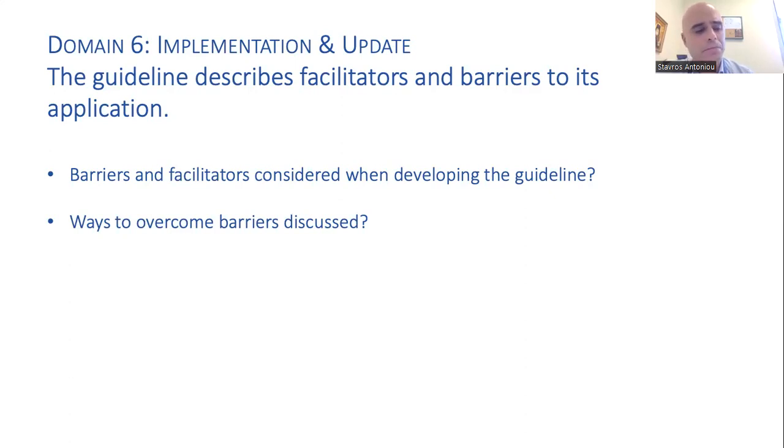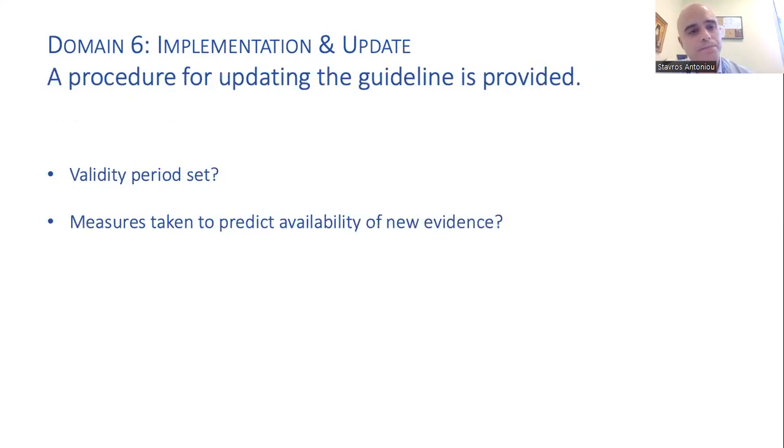So resistance to change, for example, is a parameter that almost invariably needs to be discussed in a guideline on surgical interventions. A procedure for updating the guideline is provided. Every guideline project needs to set a validity period and whether any measures were taken to predict when new evidence is going to become available.